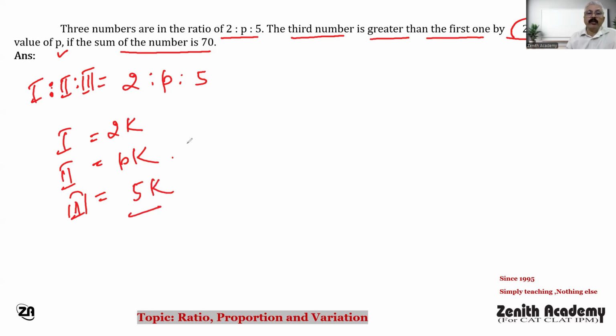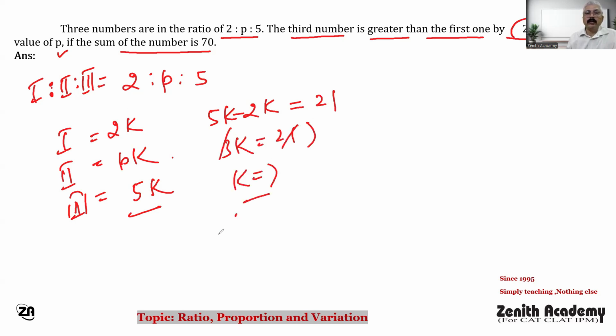Third number is greater than the first, so 5k minus 2k is 21. So 3k is equal to 21, so k is 7.